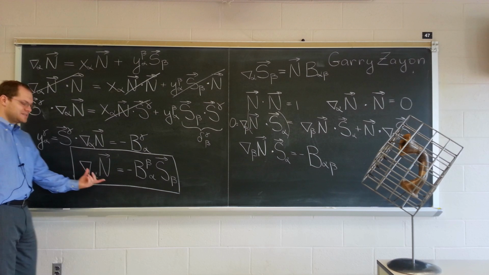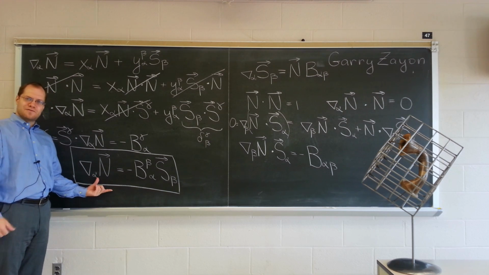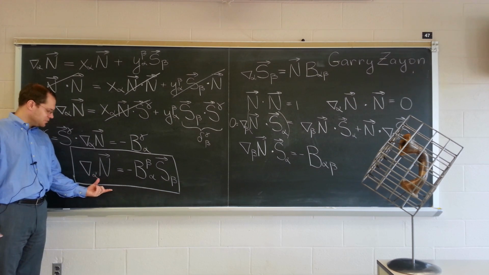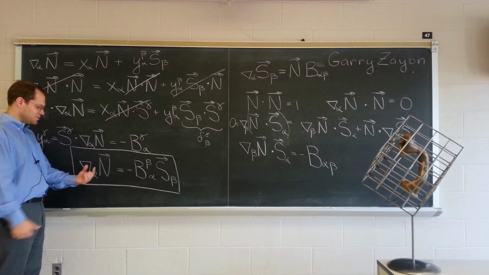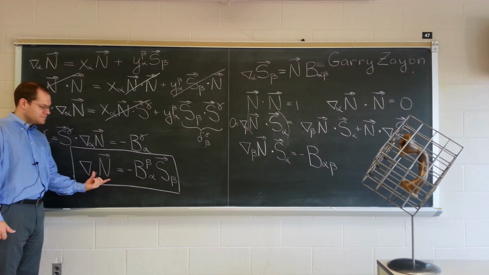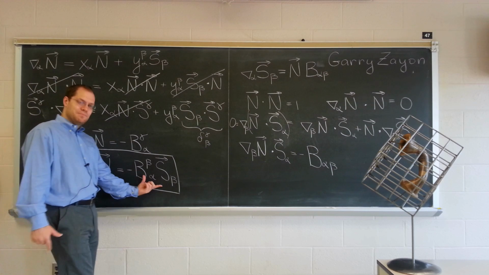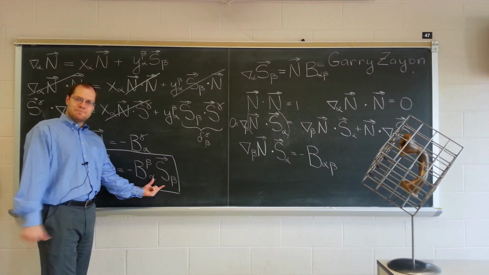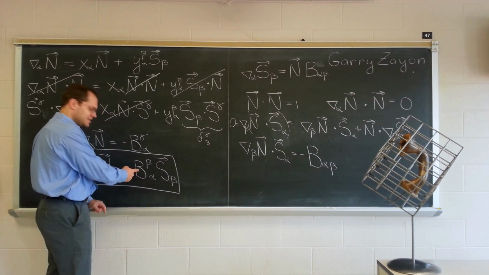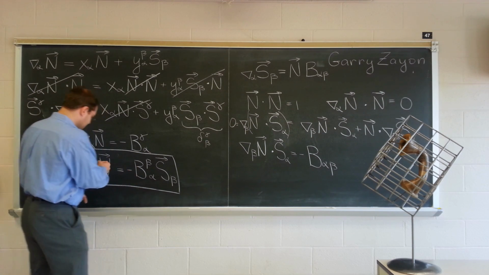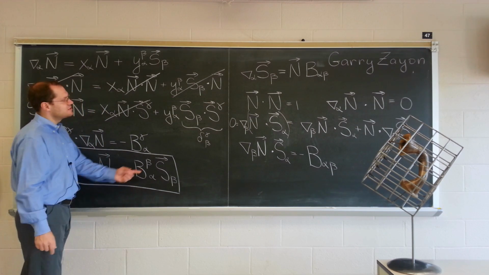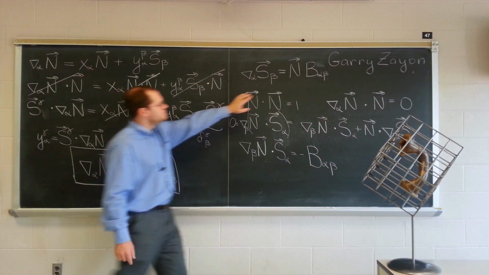Okay. Does the left-hand side depend on the choice of normal? Remember, there are two normals pointing in opposite directions. Yes, of course it does. It's proportional to it. So the right-hand side had better depend on the choice of normal, and of course it does. So this normal and this curvature tensor must be coordinated.